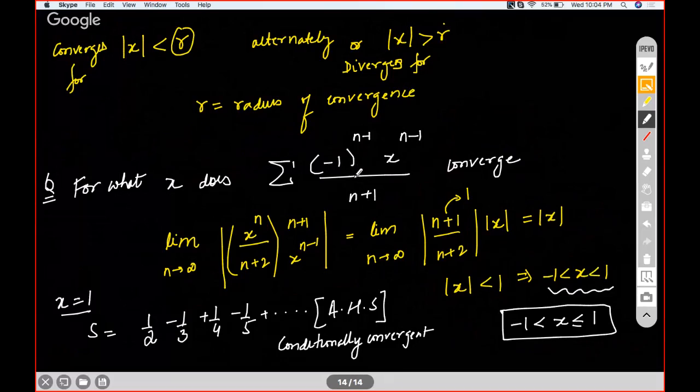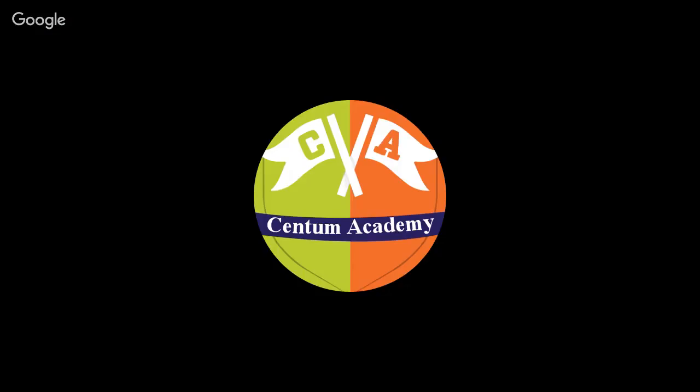No. If I put a minus 1, I will get 1/2, 1/3, 1/4, which is a harmonic series, but it is divergent. So it is correct not to include minus 1. But 1 can be included because 1 will give you a case of an alternating harmonic series.